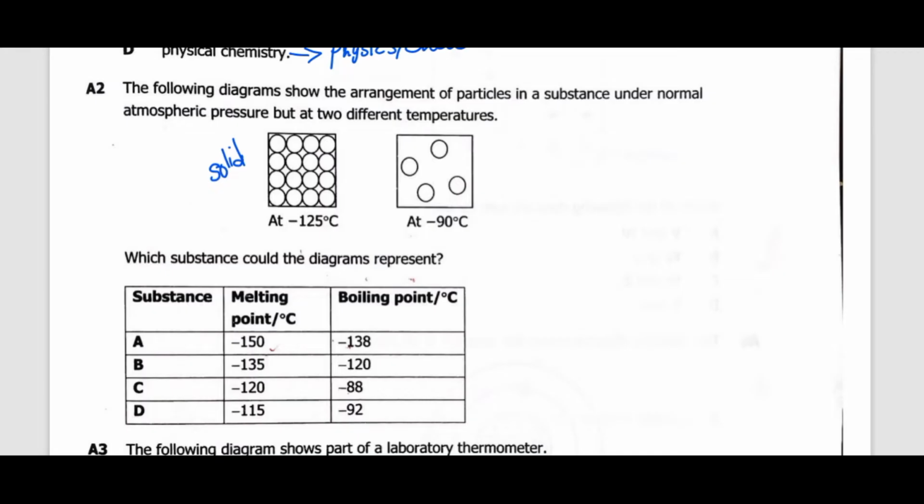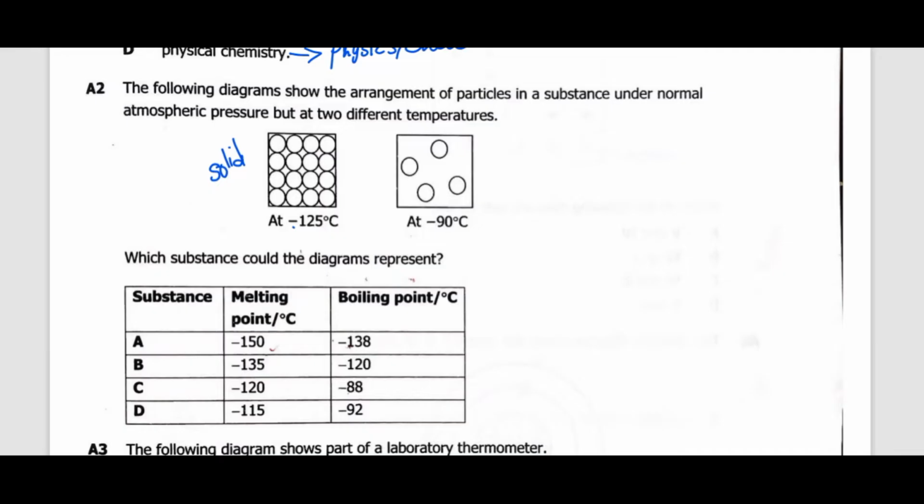But if we increase, since this is a negative number, if we add a positive number, this will give us negative 90. So negative 90 degrees Celsius is greater than negative 125.